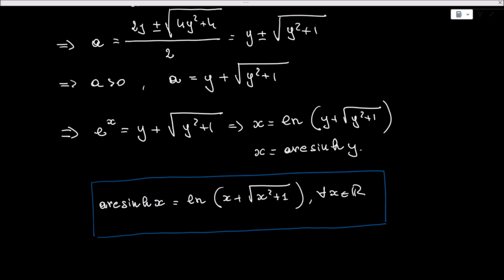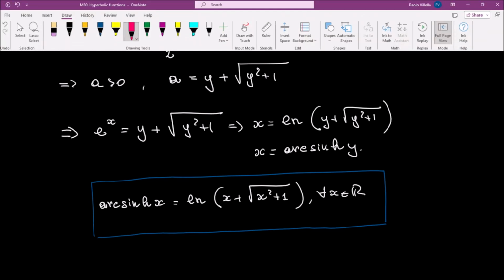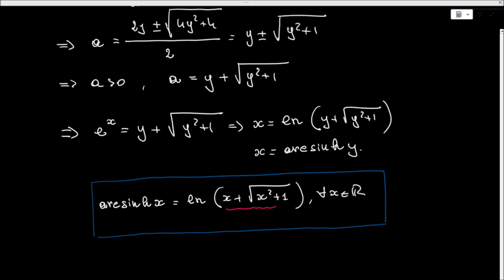And notice something, this quantity here is worth noticing, this quantity here is always larger than 0, so this is well defined. In fact, we know that the logarithm can only be defined for positive values, okay?